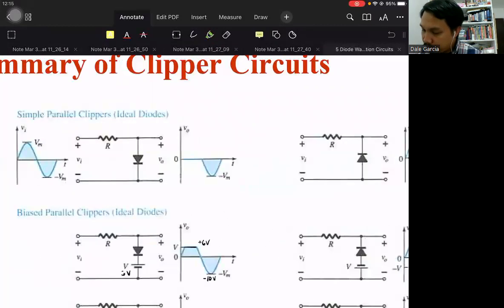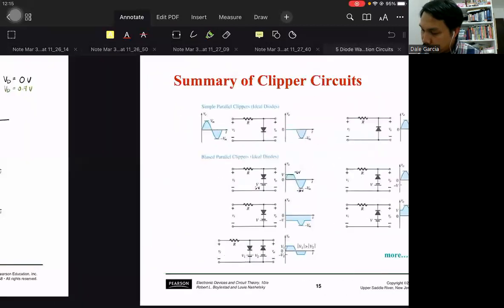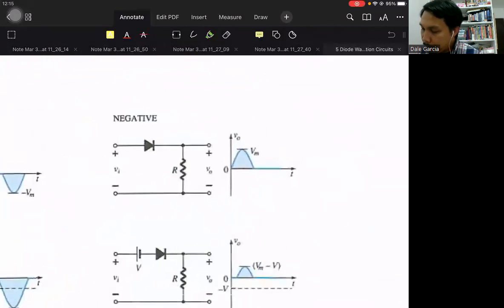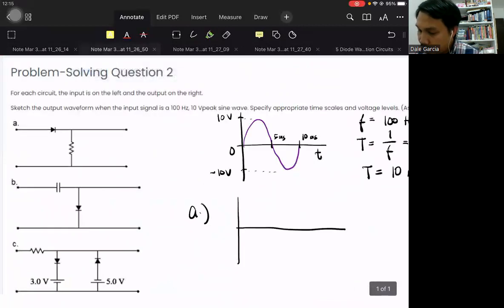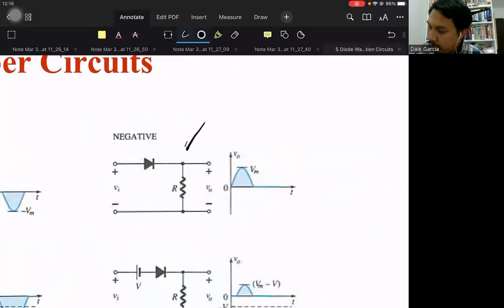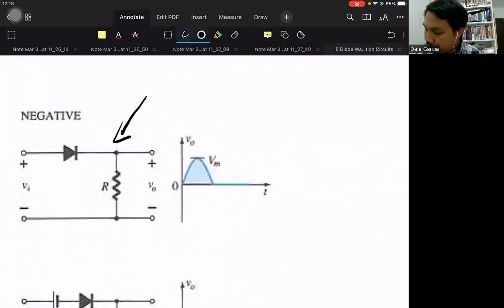Kani man siguro ni. Yeah, I think kani, no? Ang resistor ang load, then ang diode ang series sa source. Naa kani, oh. Yan siya, di ba? It's this one. So sunod na ni, no?